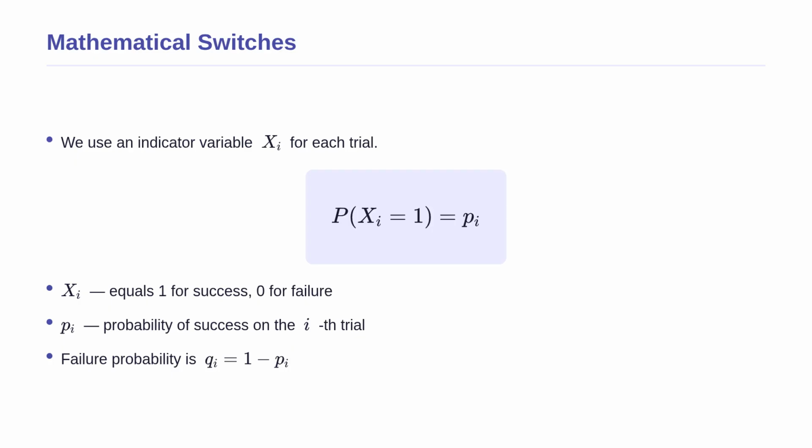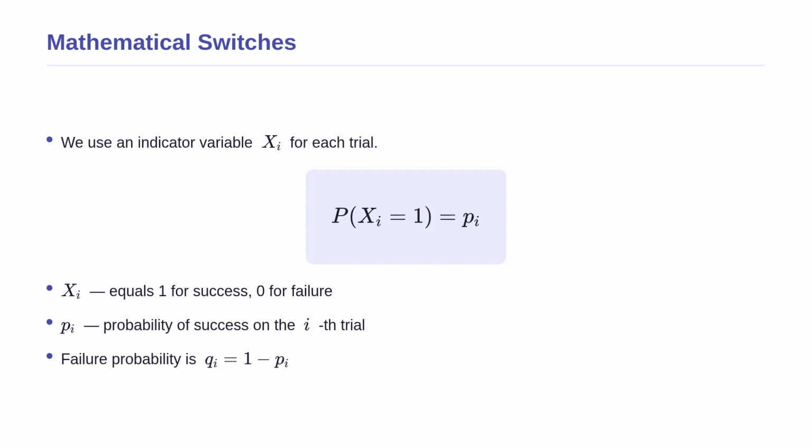To analyze this changing scenario mathematically, we use a tool called an indicator variable. Think of an indicator variable as a simple mathematical switch. It turns on, meaning it equals 1, if an event happens, and stays off, meaning it equals 0, if it does not.